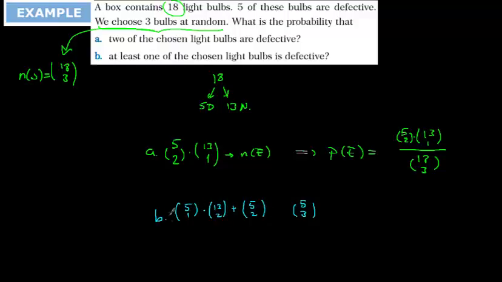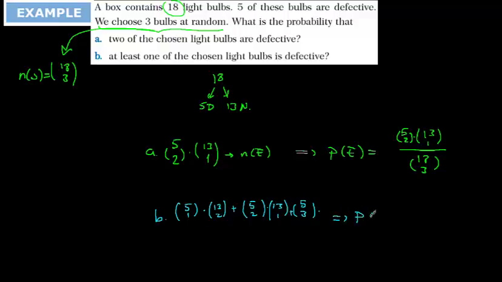And when you are choosing 3 light bulbs, when you choose 1 defective, you cannot choose 2 defective at the same time. That's why these actions cannot happen together, and we should add them with the addition principle. Then 5 with 1 times 13 with 2, plus 5 with 2 times 13 with 1, plus 5 with 3 times 13 with 0, but 13 with 0 is equal to 1, that's why it's not written here.